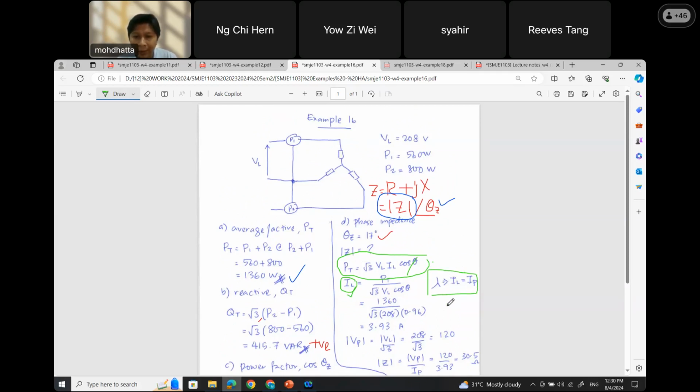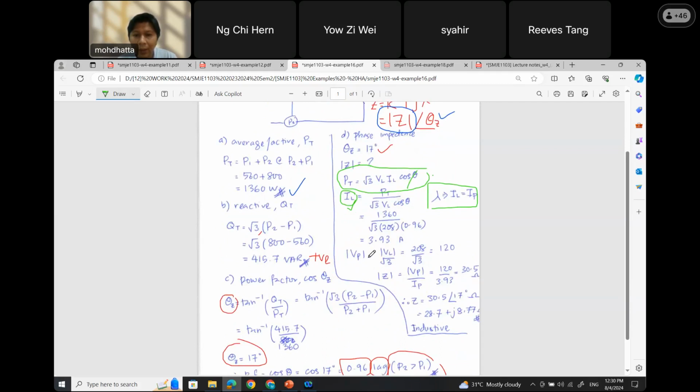In the next calculation, I use this as I phase, which comes from the line current that I calculated earlier. Because the connection is a star connected load, I line equals I phase. It's the same value.